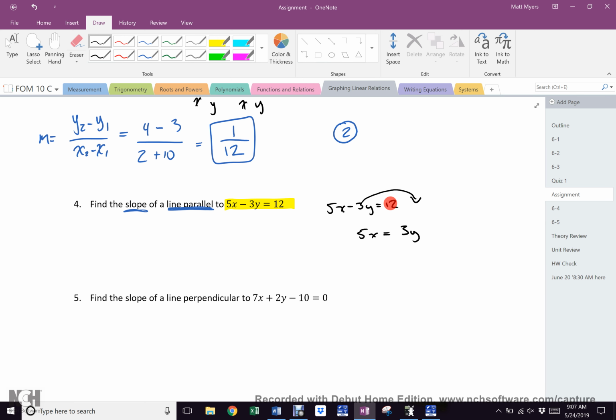It's just the starting point. And I only care about the slopes of parallel lines, yes? So do I even need to worry about the 12? No. How am I going to isolate that y now? Divide by 3. So what is my slope? 5 over 3. So what is the slope of every single parallel line to that line? 5/3 for 2 marks.